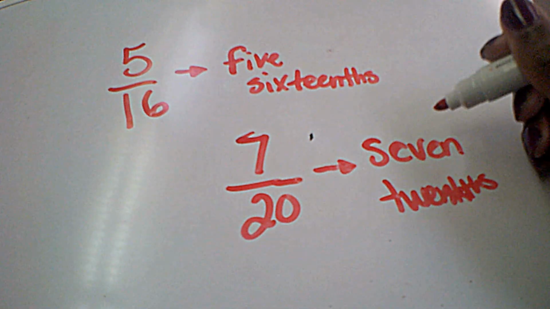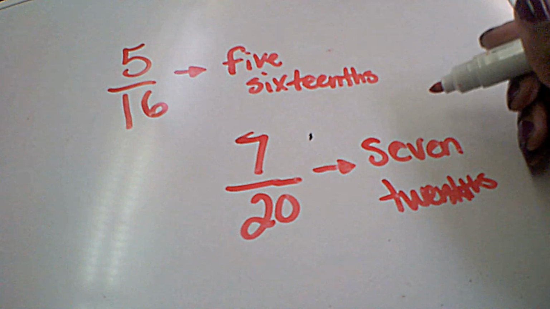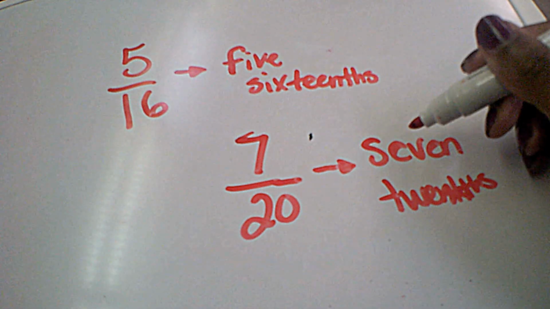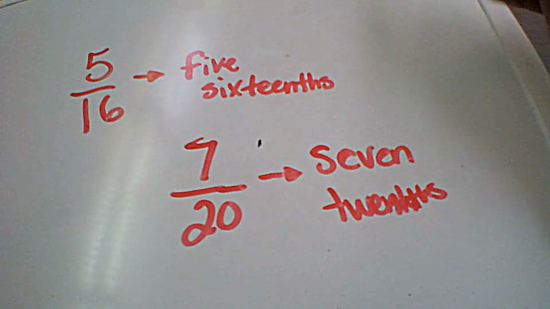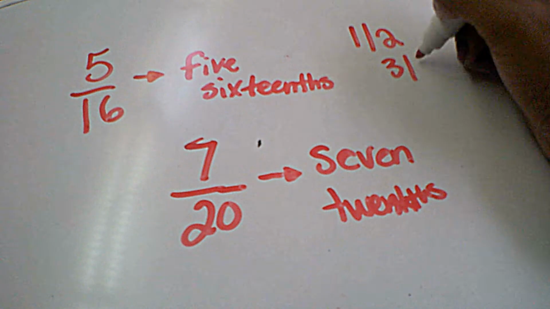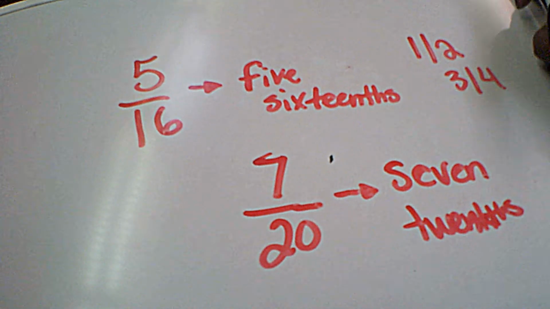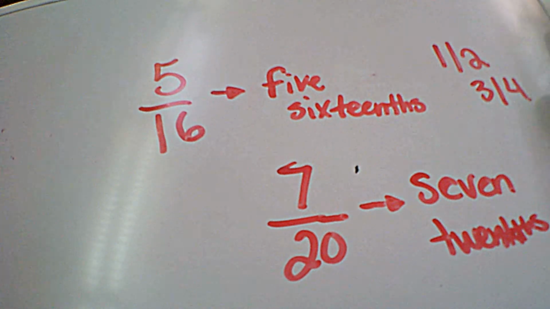Pretty much it for this. It's the same method every time when you're pronouncing these fractions. Of course, you know about the smaller ones, like 1/2, 3/4. You guys are really good with those, and most middle schoolers are, and high schoolers.